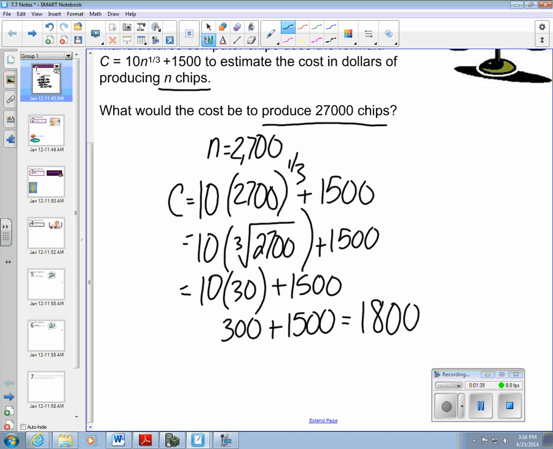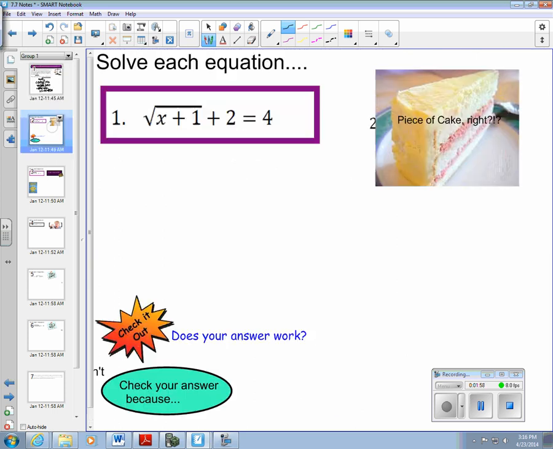Since we're dealing with a word problem, we need to have units. What we're finding is the cost, so this is $1,800.